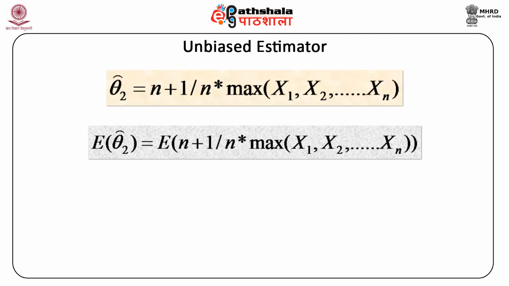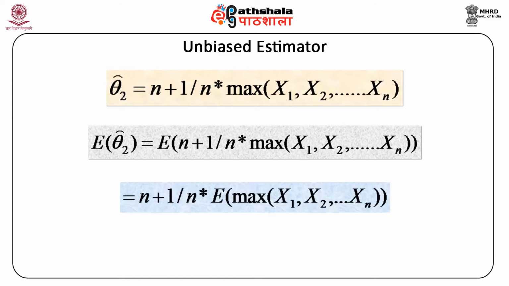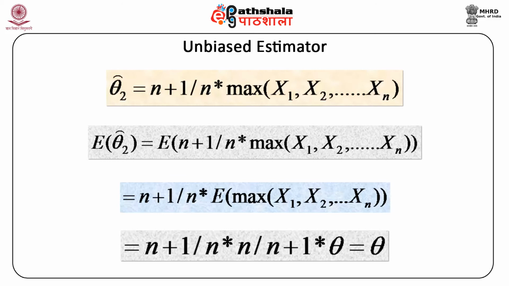This is equal to (n plus 1) upon n times the expectation of the max of x1, x2, up to xn. This is equal to (n plus 1) upon n times n upon (n plus 1) theta, which is nothing but theta.